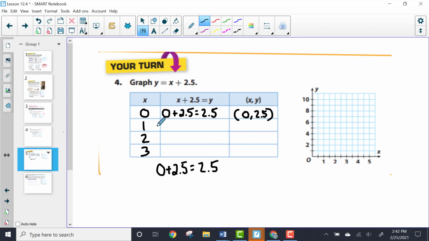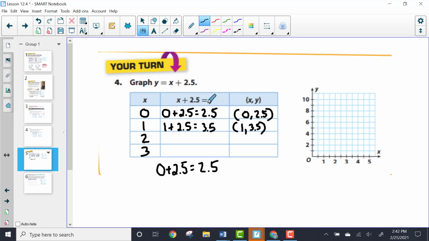Next one, let's say x is 1. Pretty simple, just plug in 1 for x, add 2.5 to it. That's going to give us 3.5. So the ordered pair, x would be 1. How do we know that? Because we see it right here. Ordered pair would be 1 and 3.5. Why 3.5?